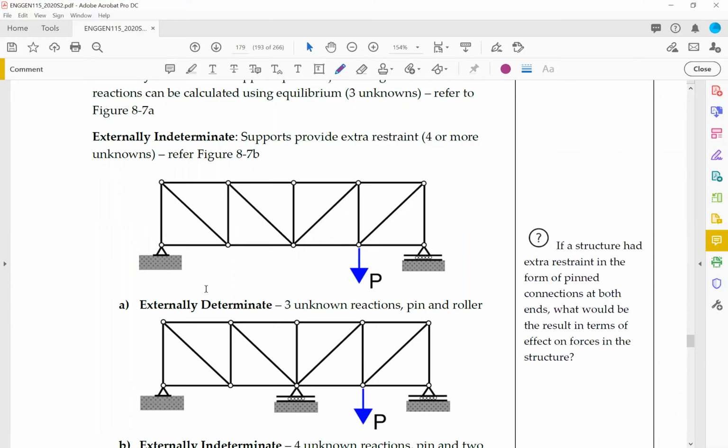So in this first example, now this is, spoiler alert, externally determinate. If we were to go sum of moments about this joint right here, or this support right here, we would easily be able to find this vertical reaction from this pin support.